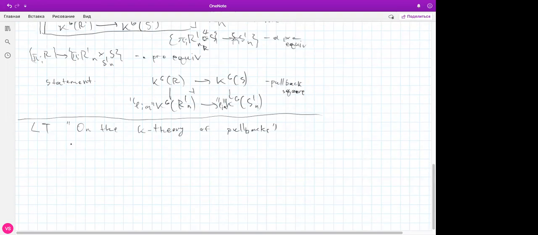Maybe let me try to make another statement. As I said, I will have a lot of statements with a square and with the corollary that K-theory is sensitive to a pullback. And maybe let me write the square again so that it might become easier to comprehend. So in general, what they prove is you have an arbitrary square of pro systems of rings.